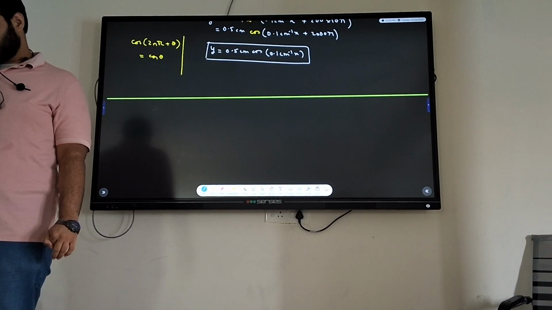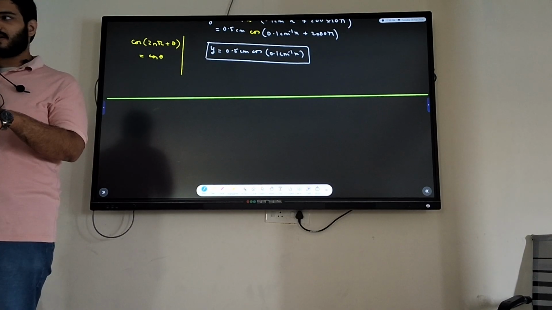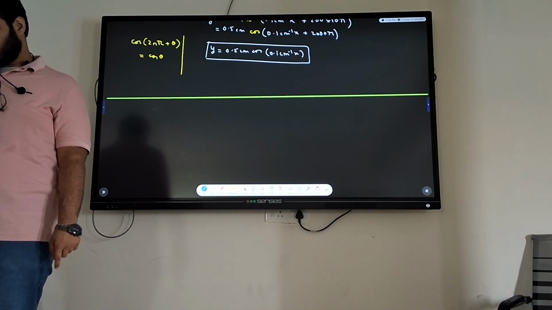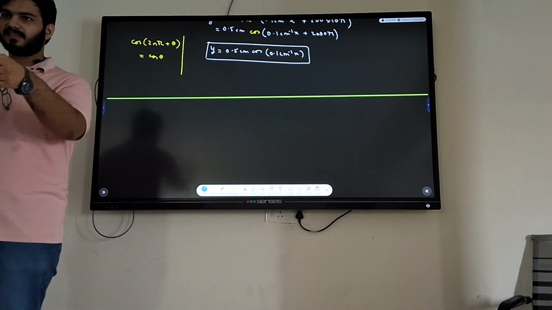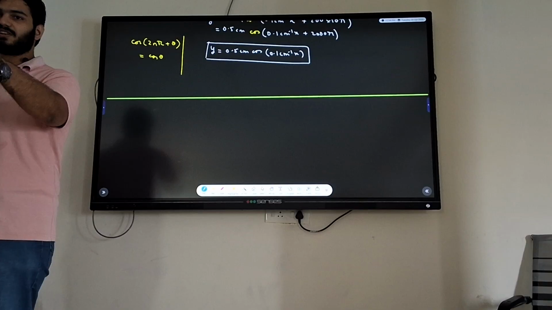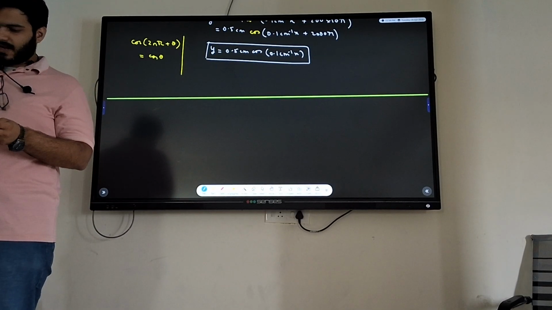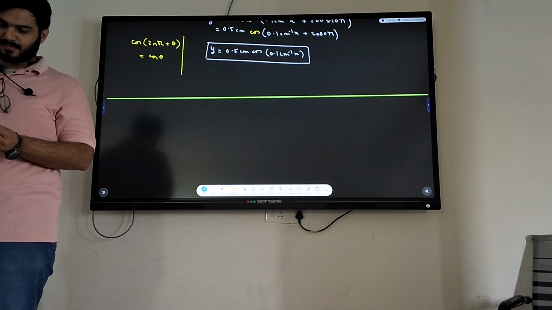Of some amplitude, it travels along the positive x direction. That means kx minus omega t. At any given instant of time, for a particle at a distance x, the displacement is y. And then at the same time, you are specifying the position of some different particle and its displacement.